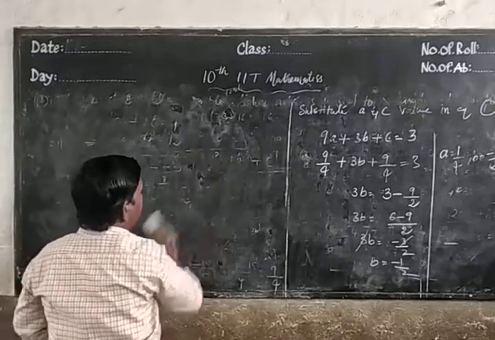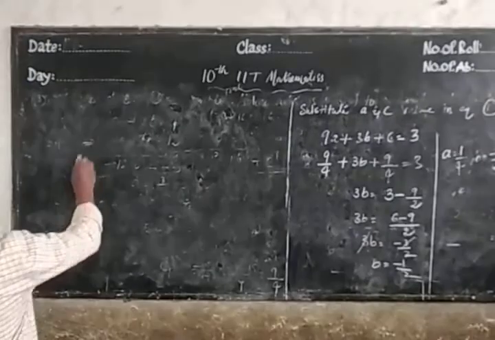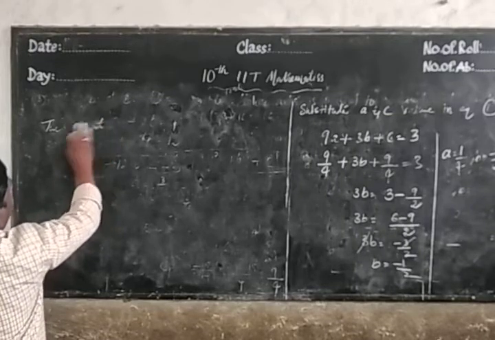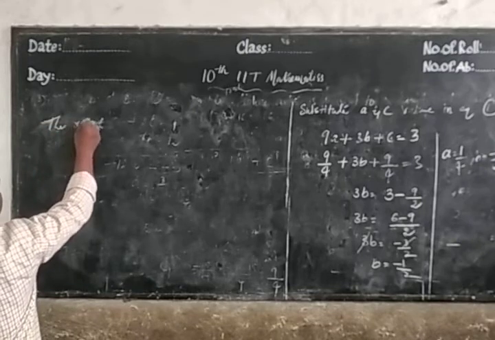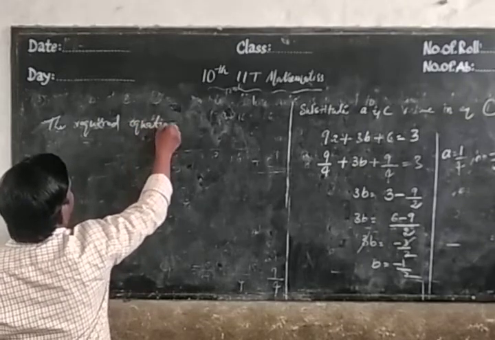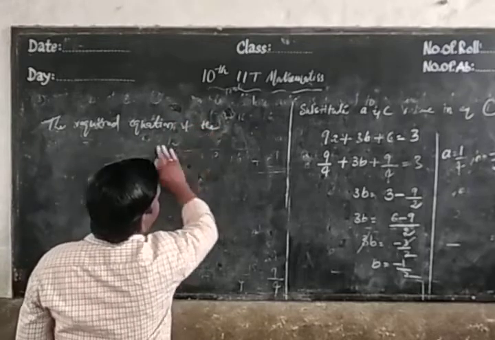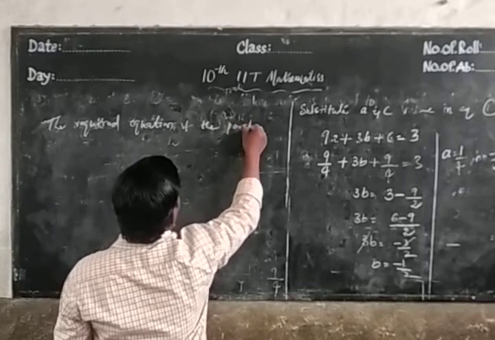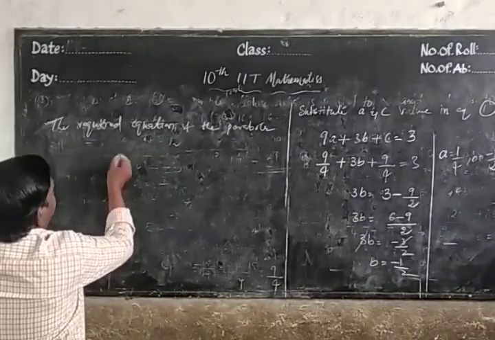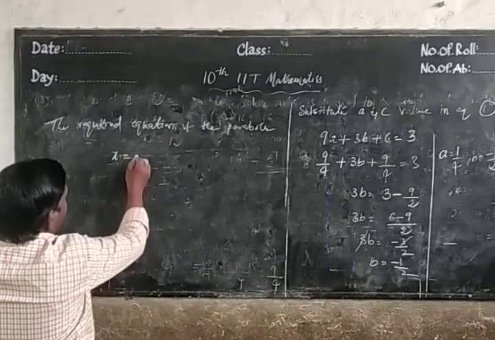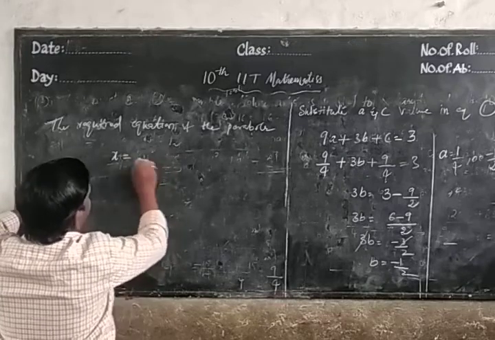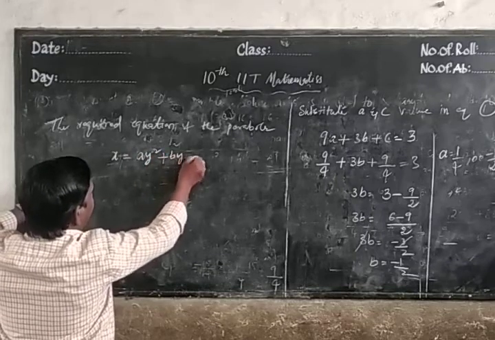The required equation of the parabola, which has axis parallel to the x-axis: x equal to ay square plus by plus c.